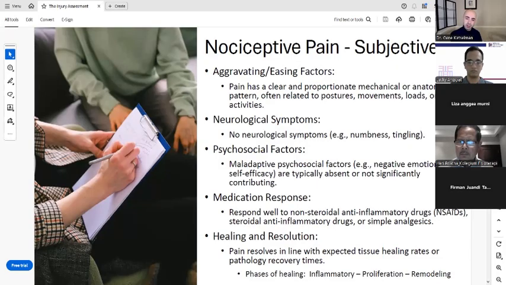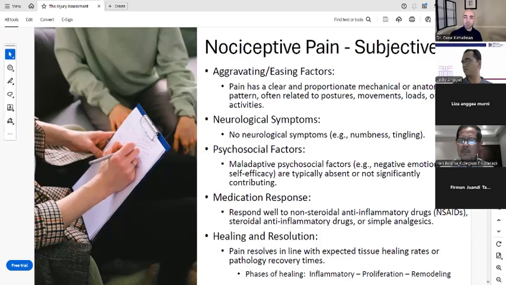For medications, they're going to respond well to non-steroidal anti-inflammatory drugs, steroidal anti-inflammatory drugs, as well as simple analgesics. And for healing and resolution, their pain will resolve in line with expected tissue healing rates and pathology recovery. These are your classical proliferation phase, remodeling phase, and it takes the normal tissue healing pattern.